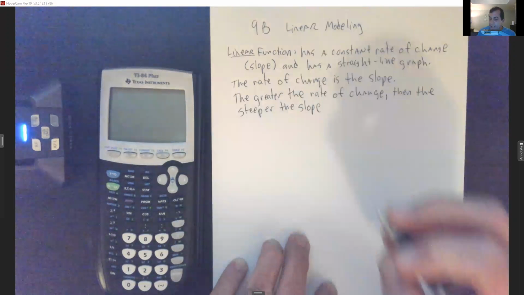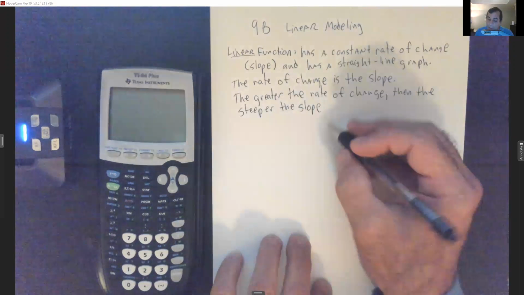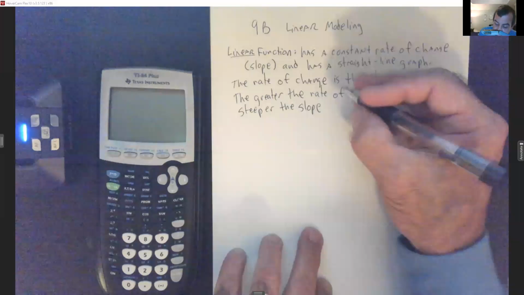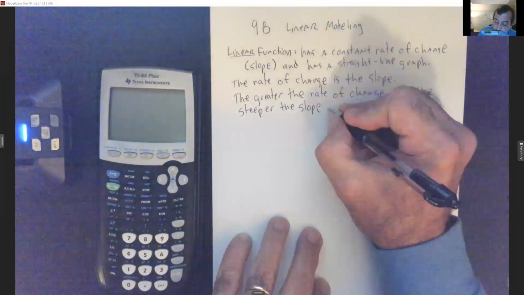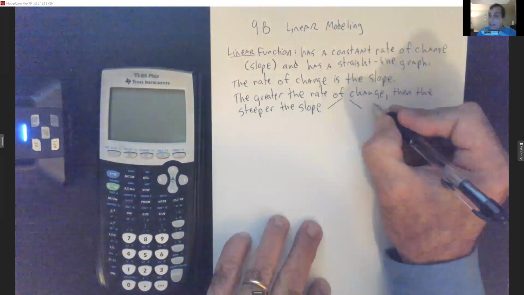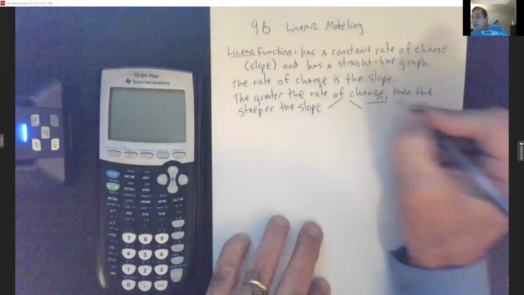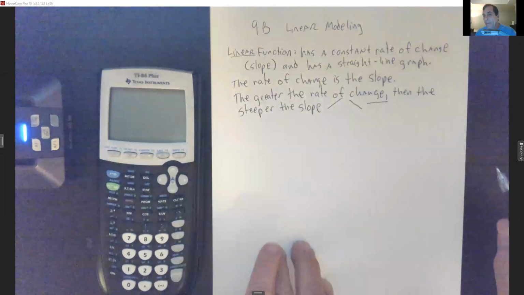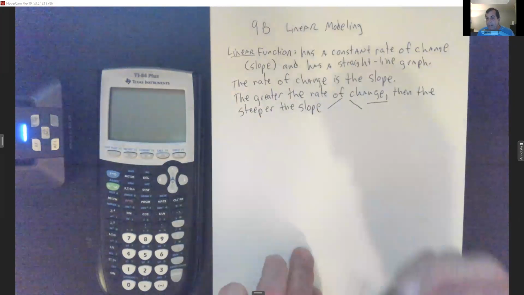Okay, and what we're talking about, steeper the slope, is that slope's either going to make an uphill line, it can make a downhill line, or the slope could actually make a horizontal line. So we'll look at them and we'll see how these slope numbers are affecting that, okay?